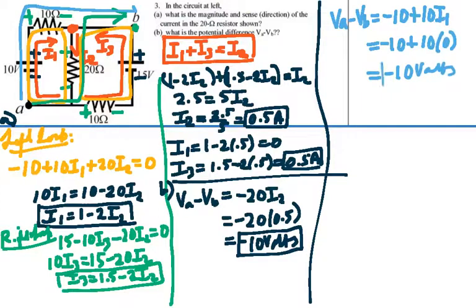Doesn't matter how you walk from A to B in this case, you should always get the same change in potential. That's the neat thing. Even if you had a negative current, you would plug that negative current in and get the right potential. So you can't go wrong if you stick to your guns and stick to your results based on your assumptions. So that's our answers for A and B on this question.